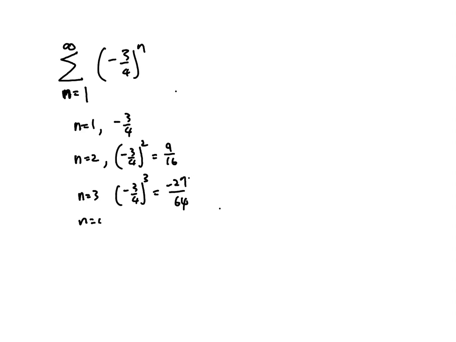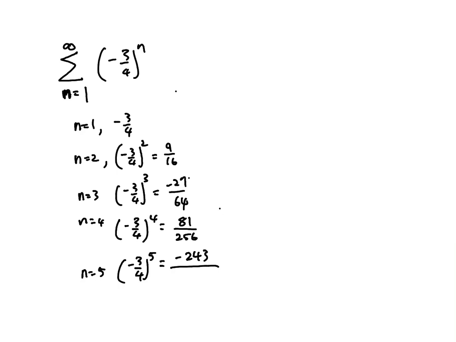And when n equals 4, you've got negative 3/4 to the fourth power, which is 81 over 256. And when n equals 5, you have negative 3/4 to the fifth power, which I believe is negative 243 over 1024.